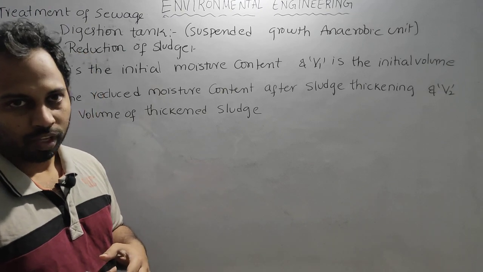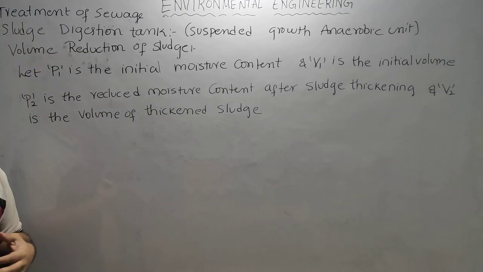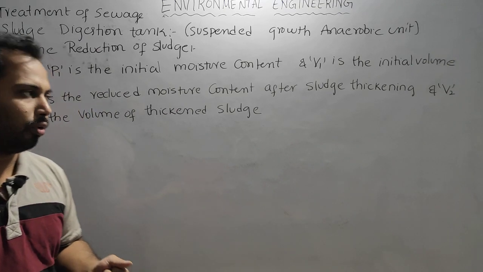So when we send some concentration of solids into the sludge digester, some amount of the solids concentration is removed inside the digester. Whatever concentration is removed converts into the volatile form, as I told you already.